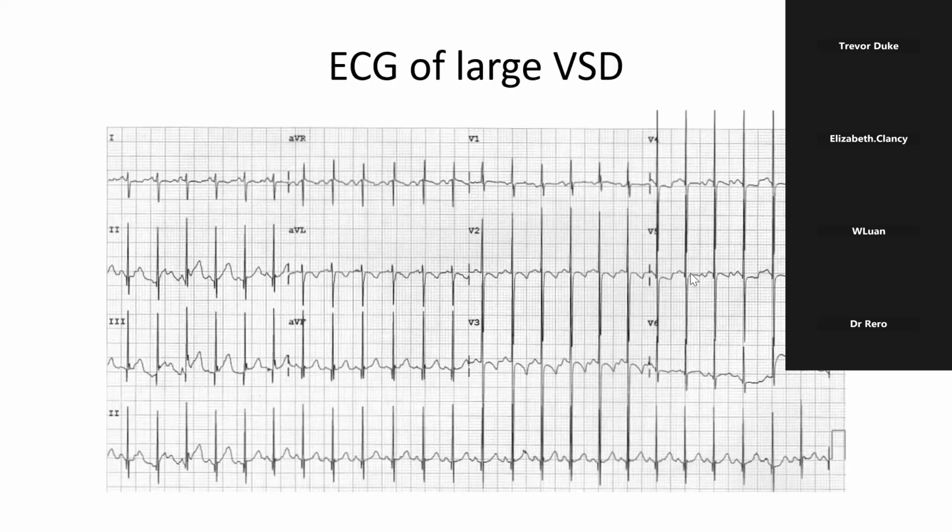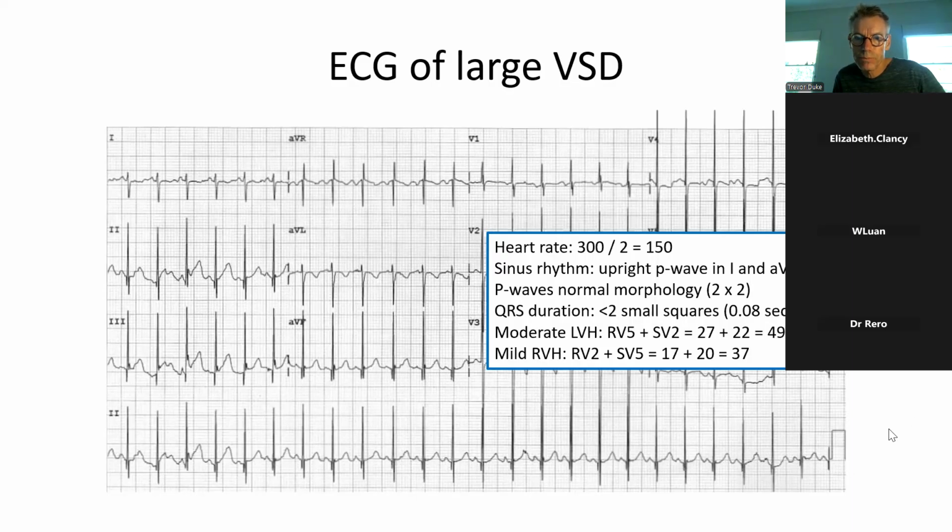You can see the very large R waves, 5, 10, 15, 20, 25, almost 30 millimeters on V5, and then SV2, 5, 10, 15, 20. So it's clear in this case of left ventricular hypertrophy or left ventricular strain, and you'll see that often in large ventricular septal defects.